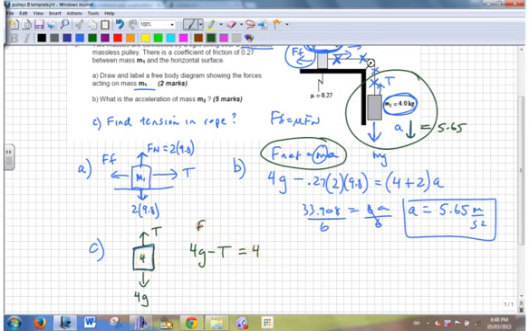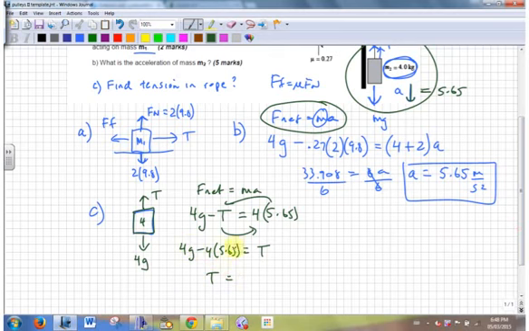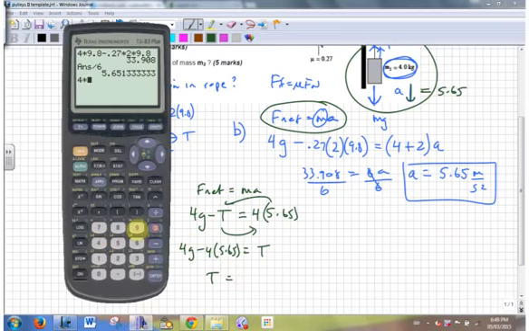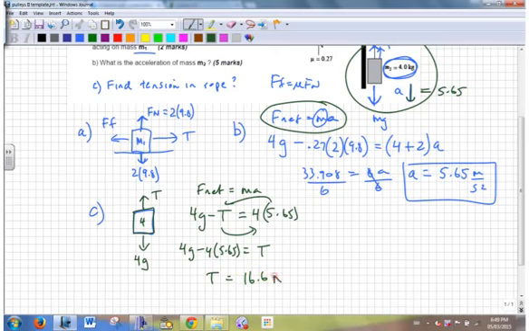F net is ma. M, I just want to use this mass, and acceleration, I now know, is 5.65. Solve this for T. Put T over there to that side, and it's positive. Put this over here, and it's negative. So my tension is equal to this minus that, wish I had a g button in this calculator. That's tension, 16.6. Of course that's a force, it's in newtons.